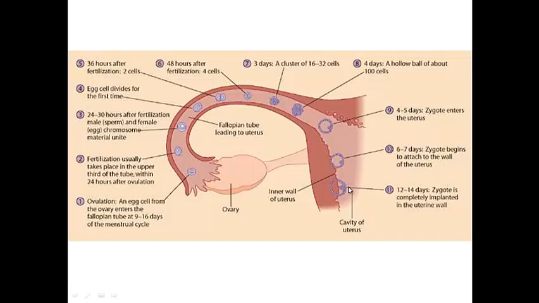Now a sperm is going to travel from the uterus up the fallopian tube and fertilize the egg, usually in the upper third of the fallopian tube, right? So approximately right there. And when the cell becomes fertilized, then it begins to replicate.